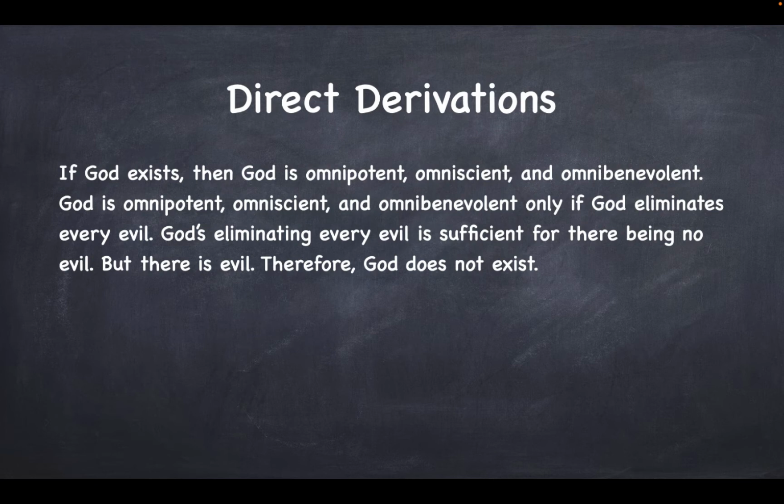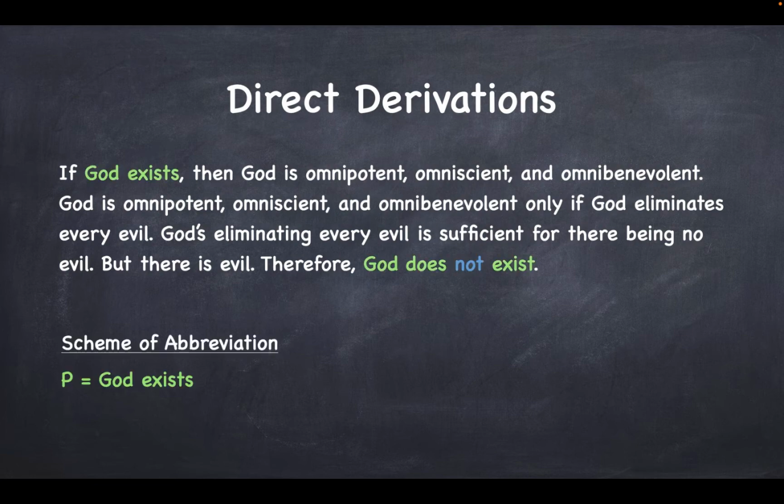You can see this argument unfolds in a kind of logic, a series of if-thens, and then we get hit at the end with the there is evil, and the conclusion falls out of the antecedent of the very first conditional, God doesn't exist.